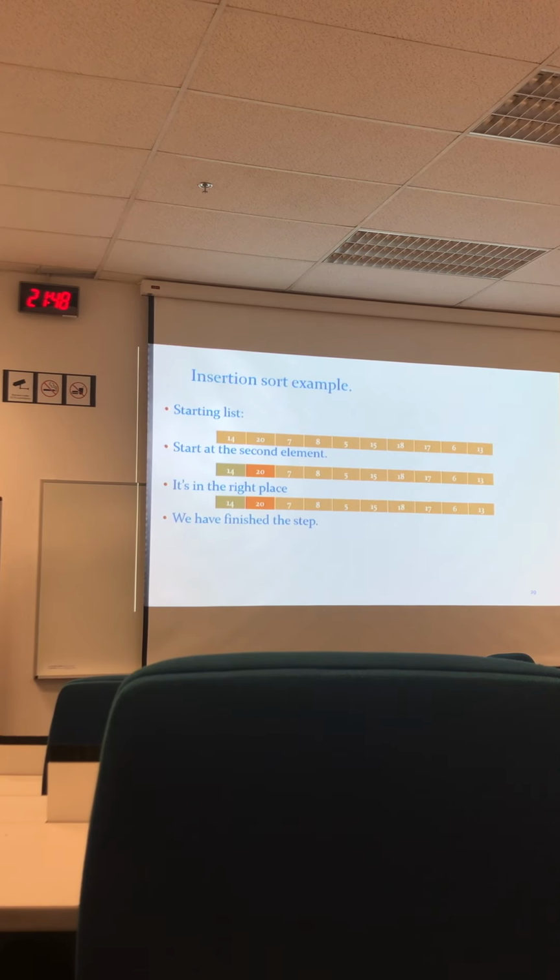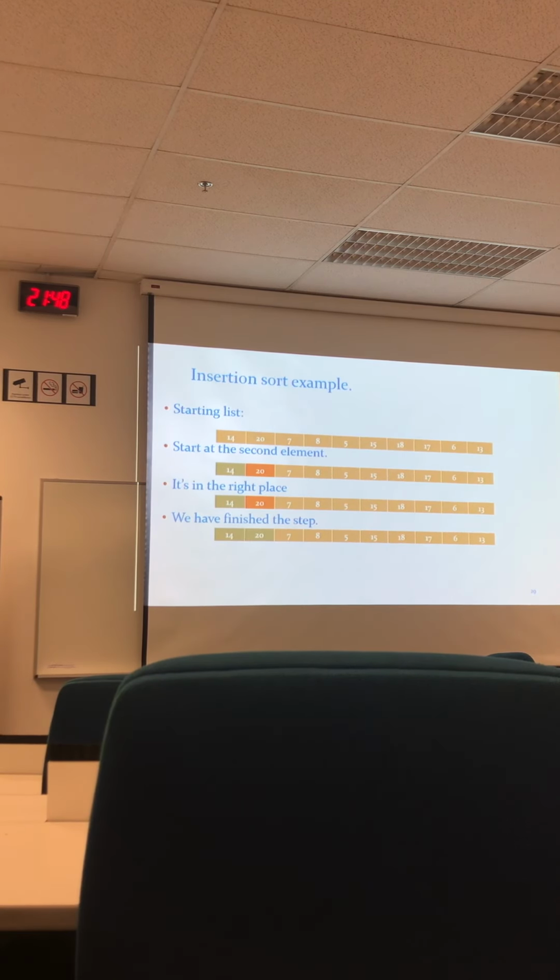But now it's already in order, so we don't need to do anything. So this is the first step. If you are given a question on insertion sort and asked to show the result of the first step, you have to show this, exactly according to this.